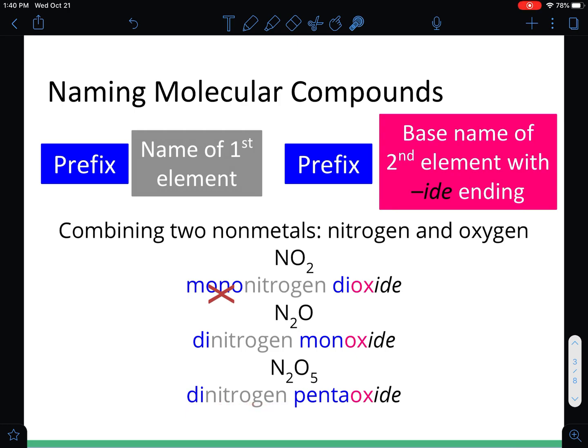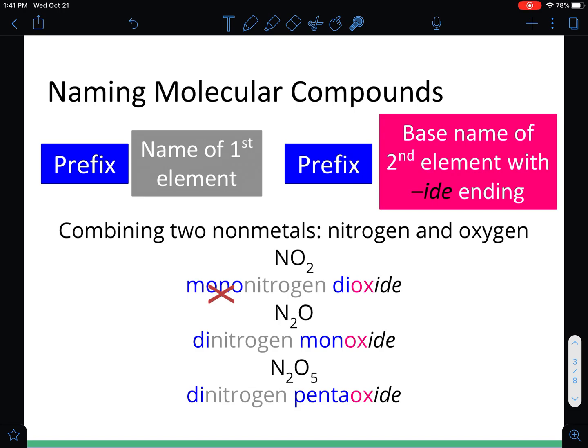Lastly, dinitrogen pentoxide. Again, we have two nitrogens. Nothing about nitrogen's name changed other than the prefix in the front. And then we have 5 oxygens, so we have penta, which means 5, and oxide, which is oxygen with the IDE ending.